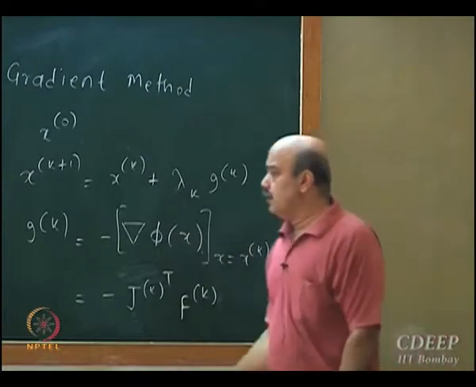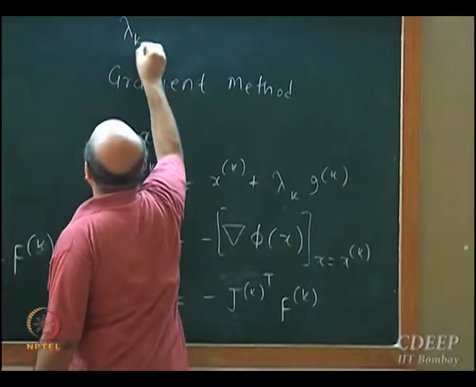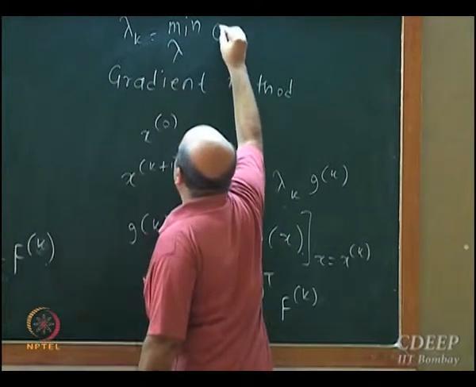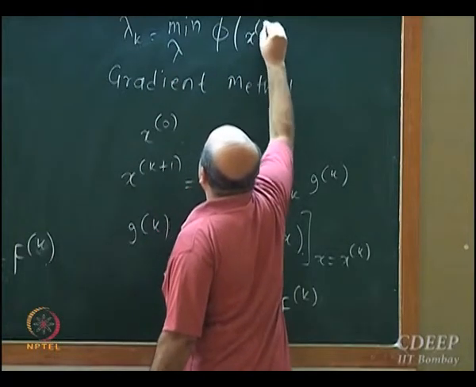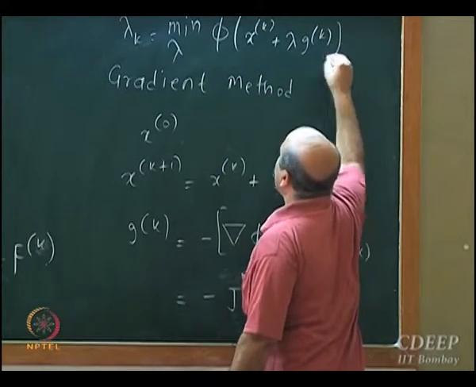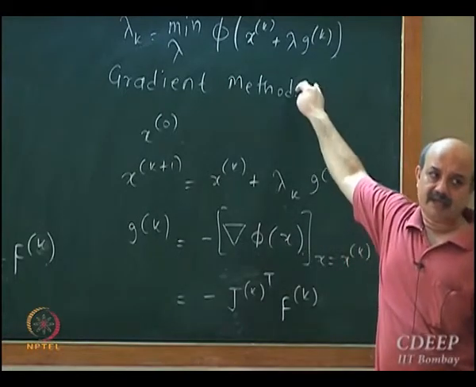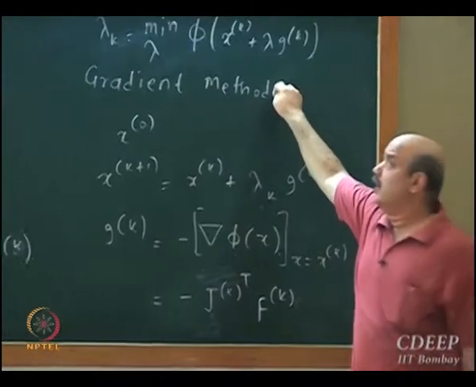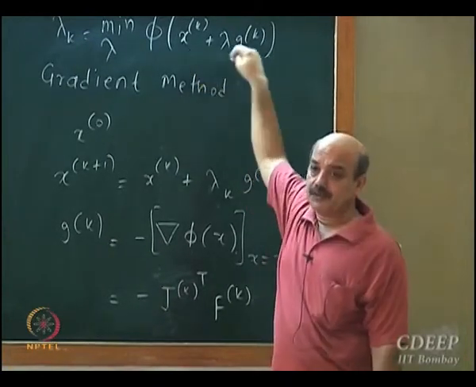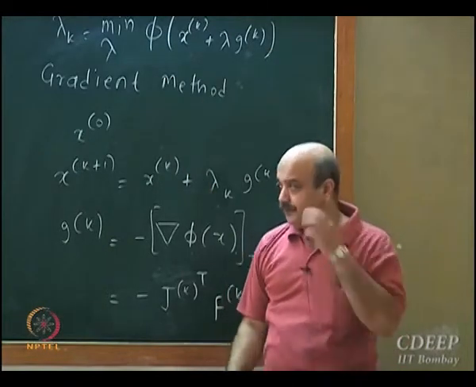So lambda k is min with respect to lambda of phi(x_k + lambda g_k). Lambda k is just one dimensional minimization; g_k is the gradient direction which you have computed, x_k is known to you, g_k is known to you, and lambda is not known, which is found by this.